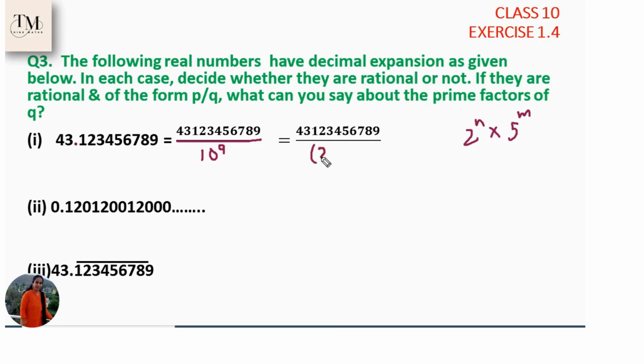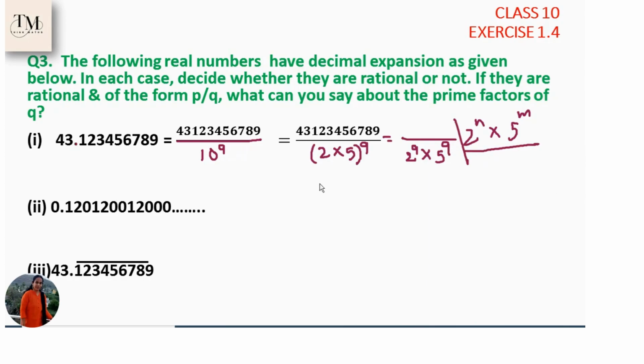That is, 10 can be written as 2 into 5, to the power 9. So that is nothing but numerator divided by 2 power 9 into 5 power 9. So this follows this form, that is 2 power n into 5 power m.